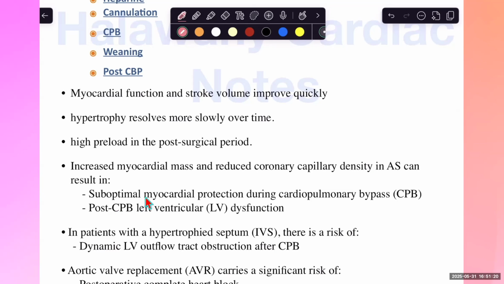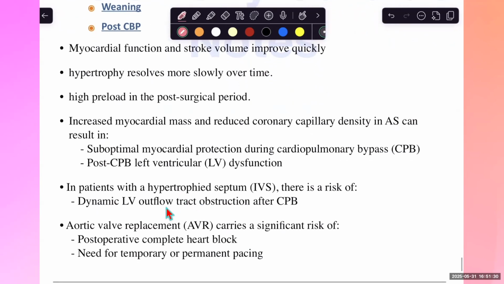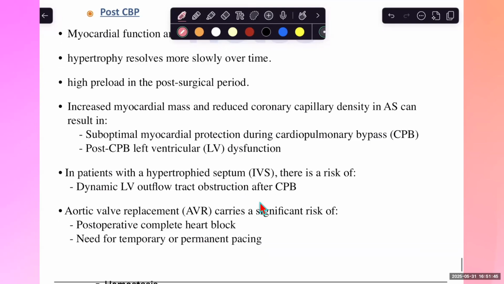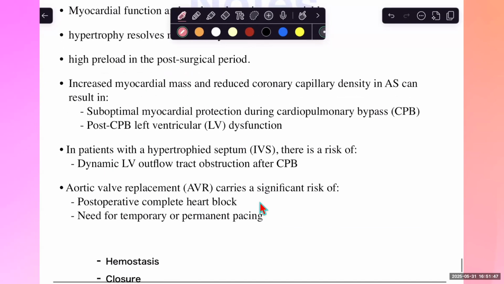Post bypass, if he did not receive good cardioplegia and myocardial protection, usually he will have LV dysfunction. In a patient with a hypertrophied septum, as I showed you, keep him at good volume and don't give any inotropic support, because dynamic LV outflow tract obstruction can occur and the patient might go into the risk of arrest. Also, after aortic valve replacement, postoperative complete heart block could happen, and sometimes they need pacing.